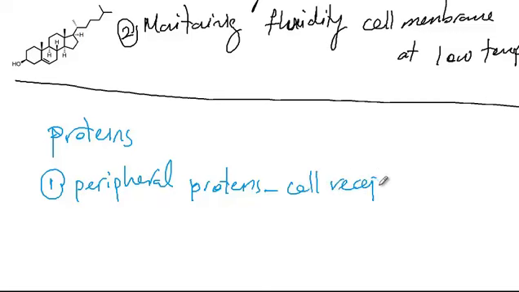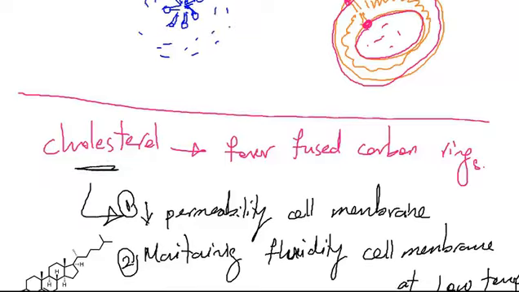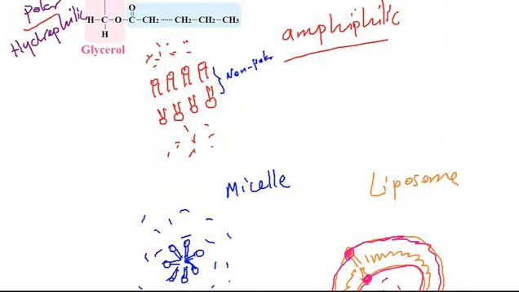So cell receptors, markers, enzymes, or it can also function as a cytoskeletal attachment site. And so here, if we have the cell membrane, we have the peripheral proteins either on the inside or on the outside.